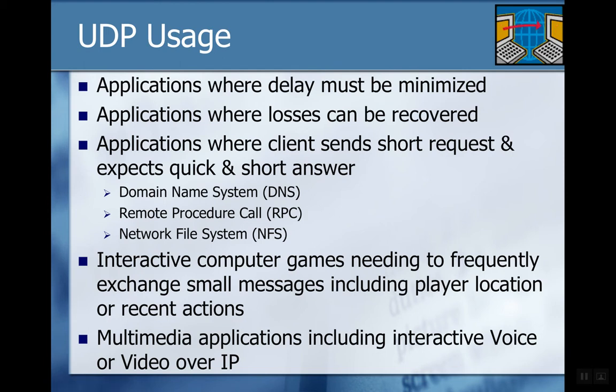Short requests like DNS, RPC (remote procedure calls), and NFS (network file systems) are all UDP, as is voice over IP and video over IP. Streaming is usually done through UDP.